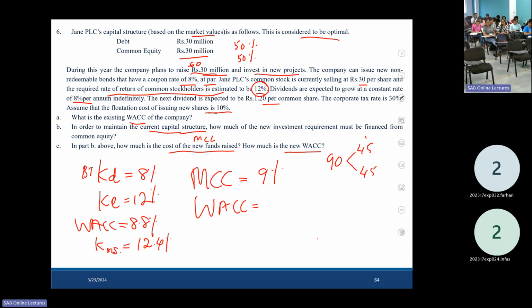This is debt, that cost is 8%. So here this 45 equity: additional raising only 15 million. There may be 45 and 30 at 12%. 12%. 15 at 12.4.